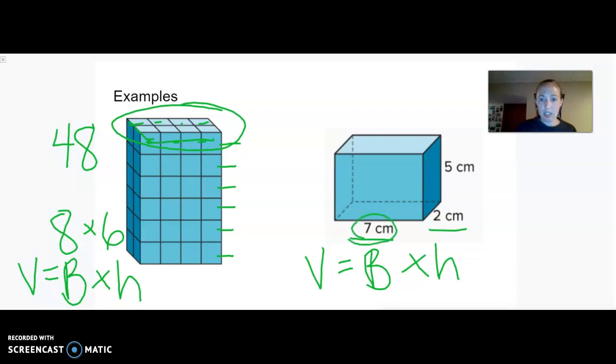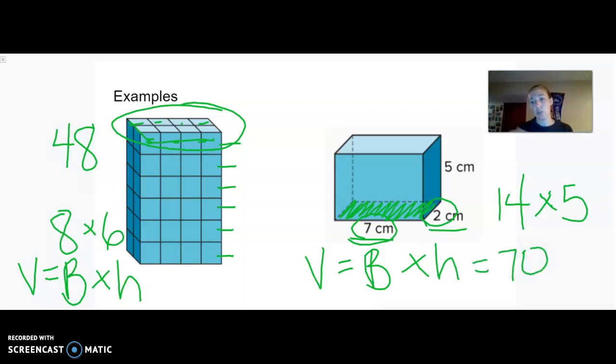To get the base, I can do 7 times 2. That gives me 14, times the height, which is 5. That gives me my whole volume, which is 70. 14 times 5 is 70. Okay? Find the area of the base, and then multiply by the height.